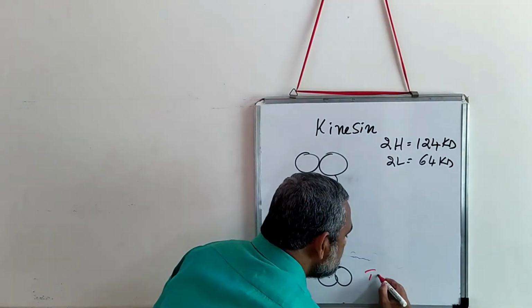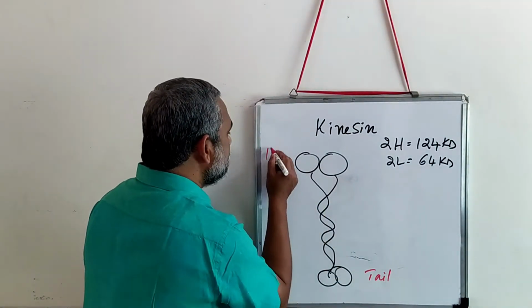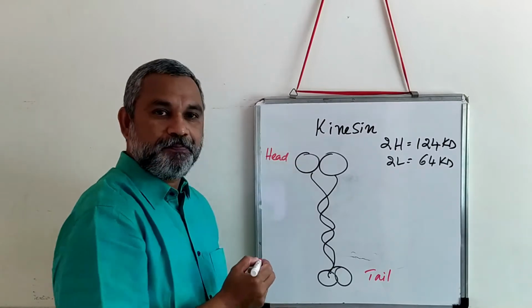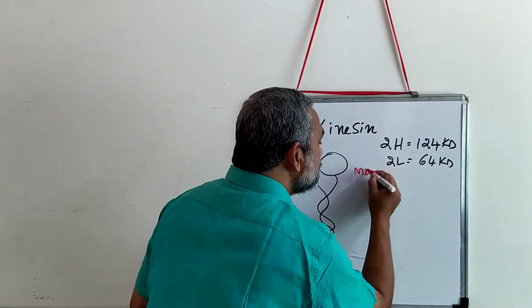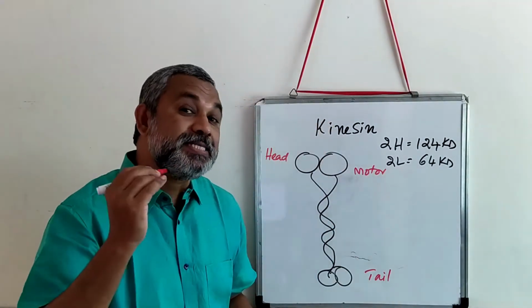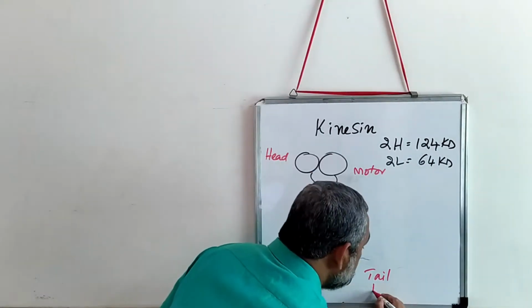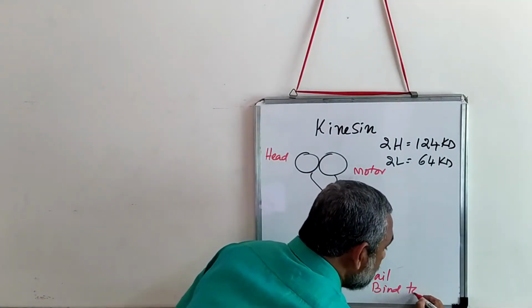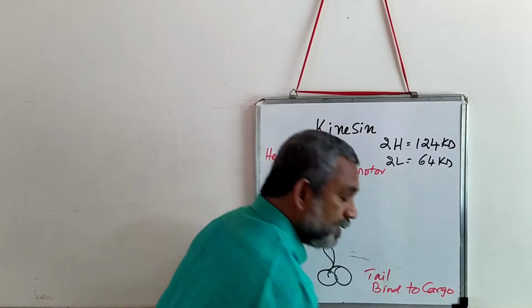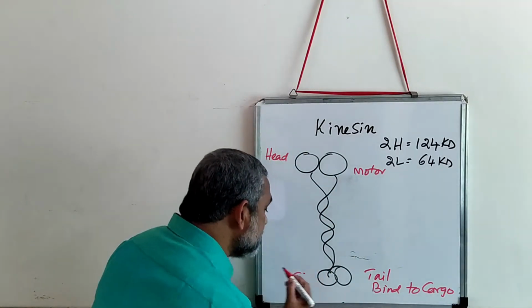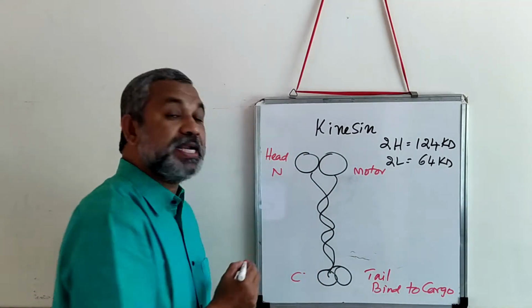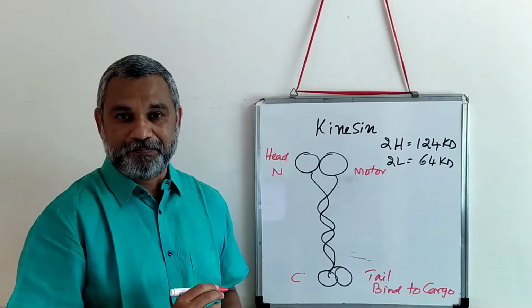So this is the tail region, this is the head region. In the head region is the motor. The tail region will bind to cargo. The tail region is the C terminus and the head region is the N terminus.